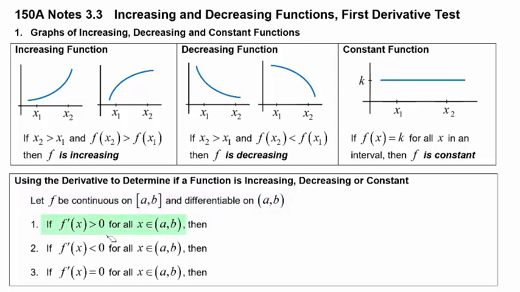If f prime of x is greater than 0, which means the derivative is positive, for all x values on the interval from a to b, then f is increasing on the open interval from a to b.